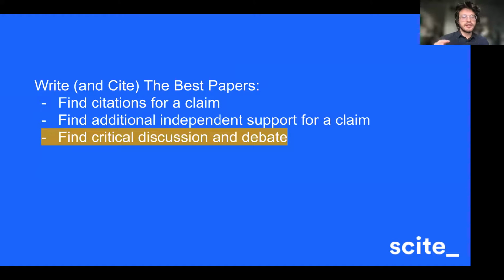That's all interesting and well and good, but as scholars trying to answer novel research questions, we are far more interested, I think, in critical discussion and debate. And that's another thing that Scite allows you to do.